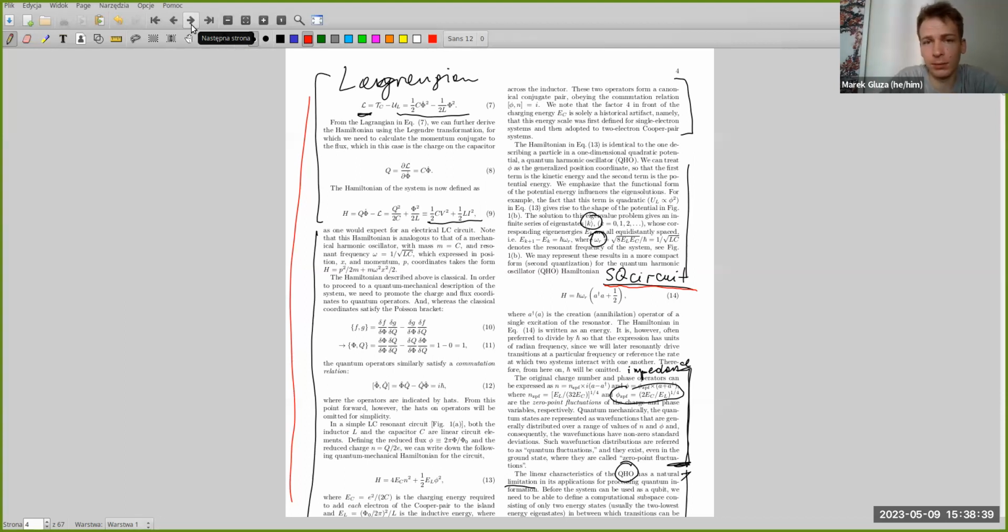In the end, there will be this quantization condition, and this phi variable will become a bosonic variable. If we consider linear elements of the circuit, then we will have a harmonic oscillator model, finito. Depending on what kind of physicist you are, at which stage you are working, you maybe decide to look more into this.